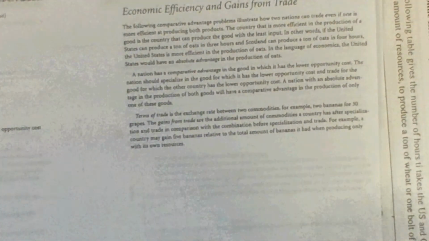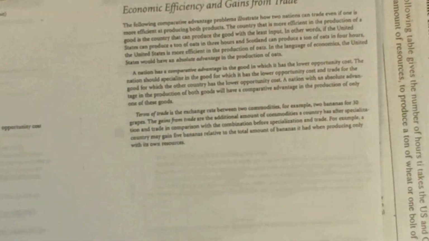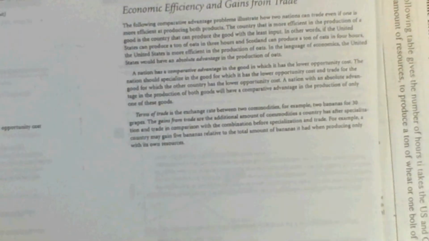So, up till now, we've been discussing trade, and we've been saying that a country will not produce all the goods it needs. A country will specialize in the production of one good for which it has an abundance of resources, not produce the other good.